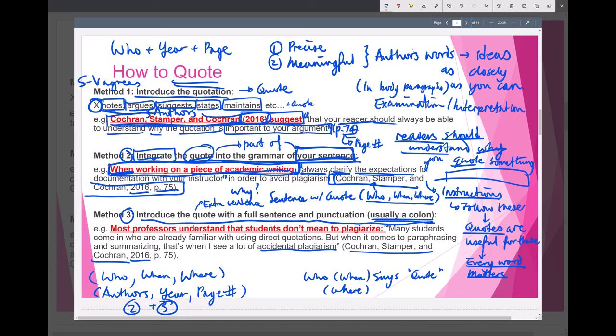Okay, so this one is from method 1. Most of the time, these are placed after your quotes.